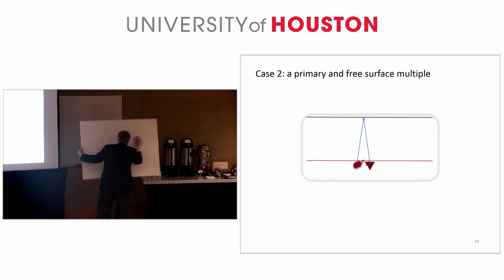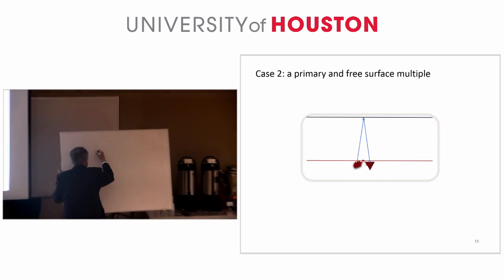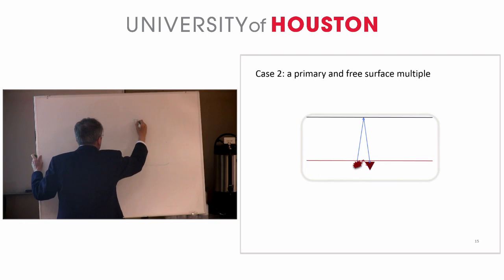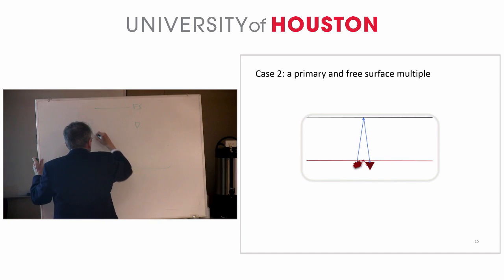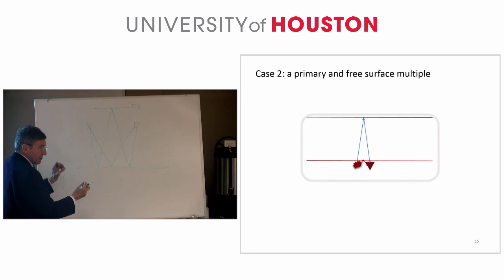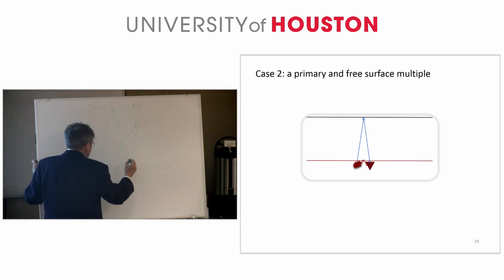I just wanted to, there's a movie here. In other words, imagine you have one reflector, here's a source and receiver, here's a free surface, yes? So let's look at two events, this event and this event. And watch the experiment as it goes down, yes? When it goes down, that's what that thing was doing.